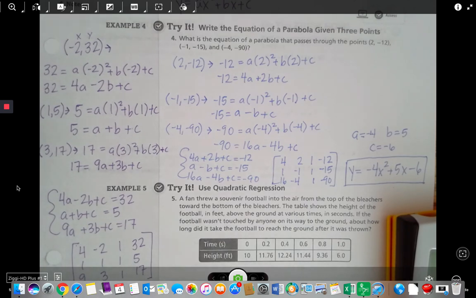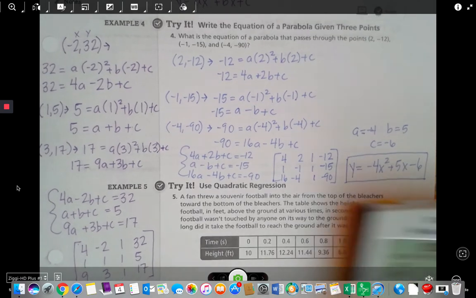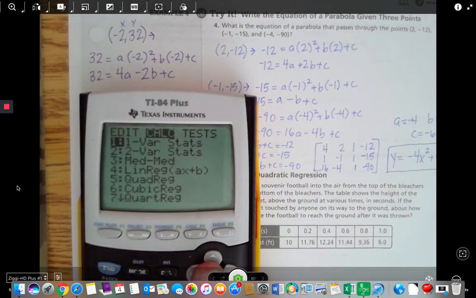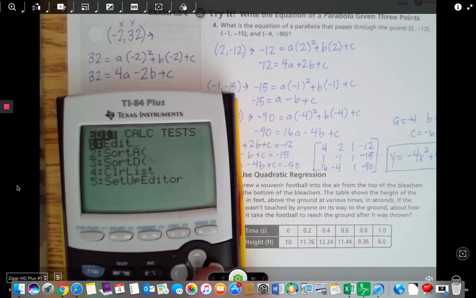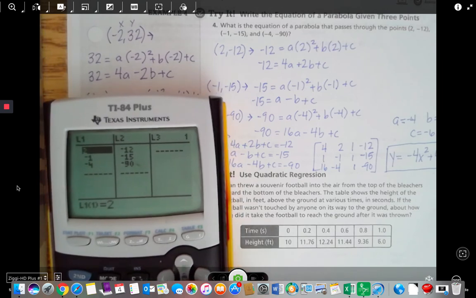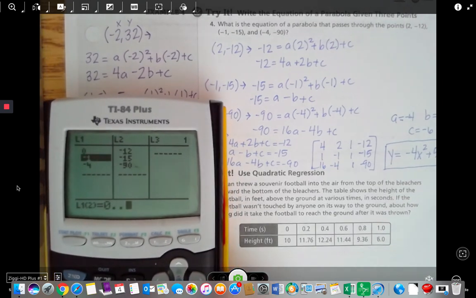So, first of all, we got to figure out what our equation is. So we're going to use that stat button again. And truthfully, you don't have to put all of these points in there. You could just put 3 of them, but I am going to put all of them just to make sure.